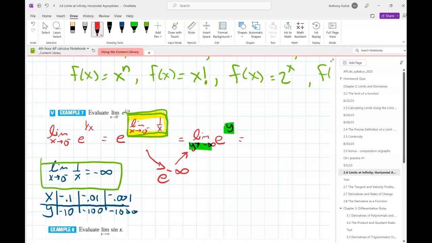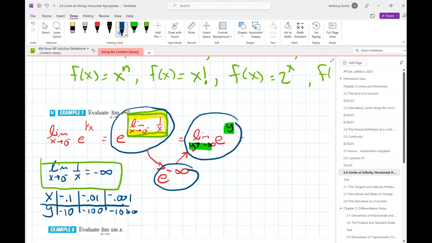And that's something we can write. So this limit seems to be going to e to negative infinity. This limit also looks like it's going to e to the negative infinity, so they're equivalent. What does writing it as the limit as y approaches negative infinity of e to the y allow me to do?